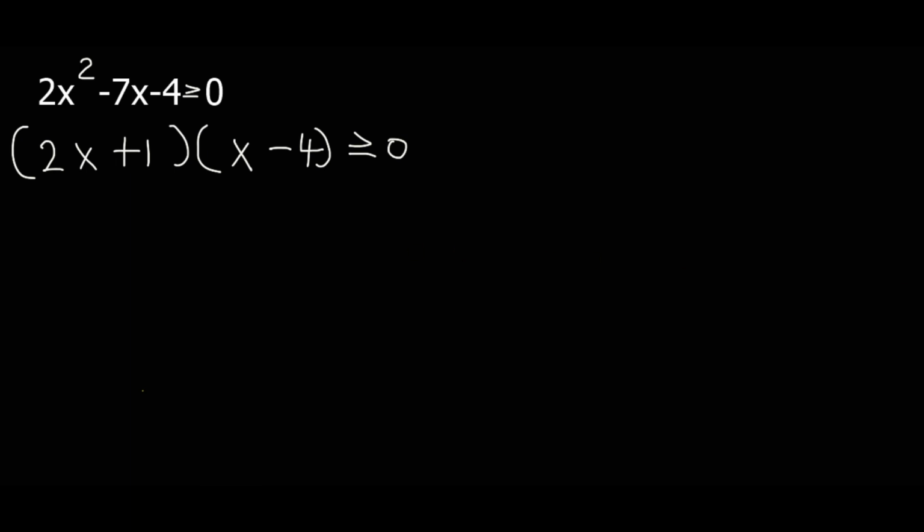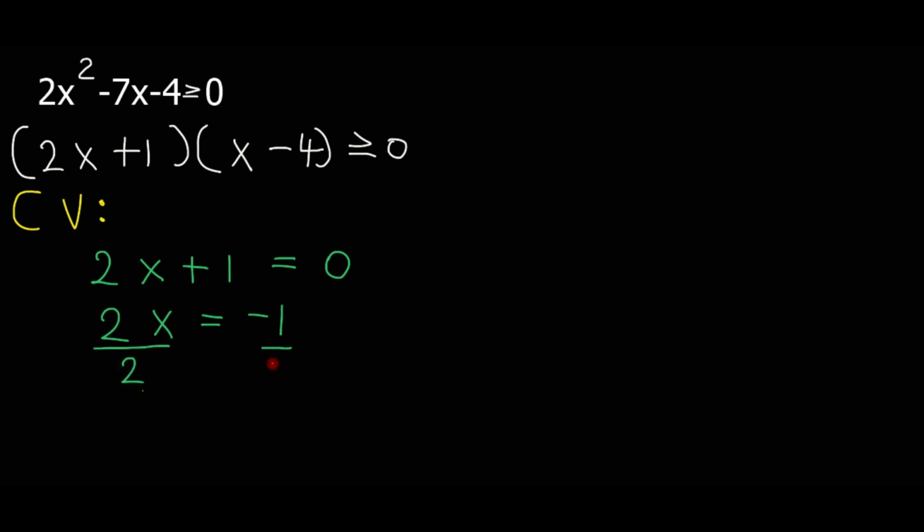And then our next step from here is to find the critical values. So to find the critical values, 2x plus 1 equals to 0, and then solve for x. 2x is equals to -1, and then from there I divide both sides by 2.